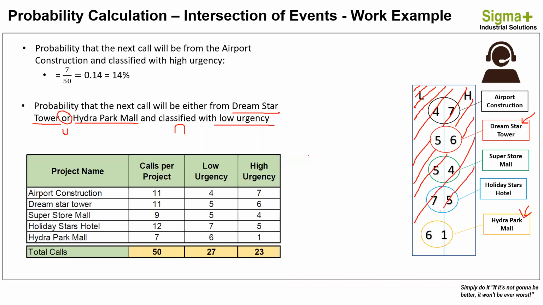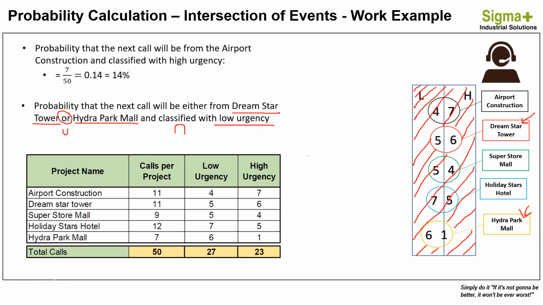So I start to shade all the sample space, and I just exclude both events where the calls occur from the Dream Star Tower project or the Hydra Park Mall.